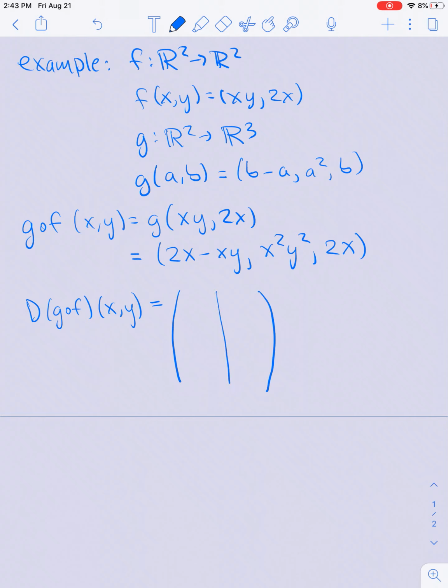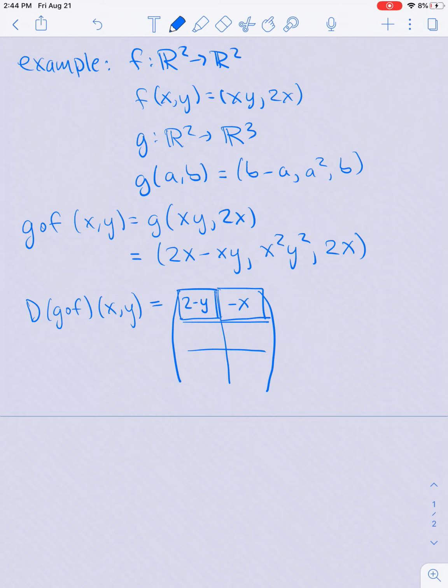So up here, I should take the partial derivative of the first function with respect to the first variable. So that's going to be 2 minus y. In the second box, I should take the partial derivative of the first function with respect to the second variable. So that'll be negative x.